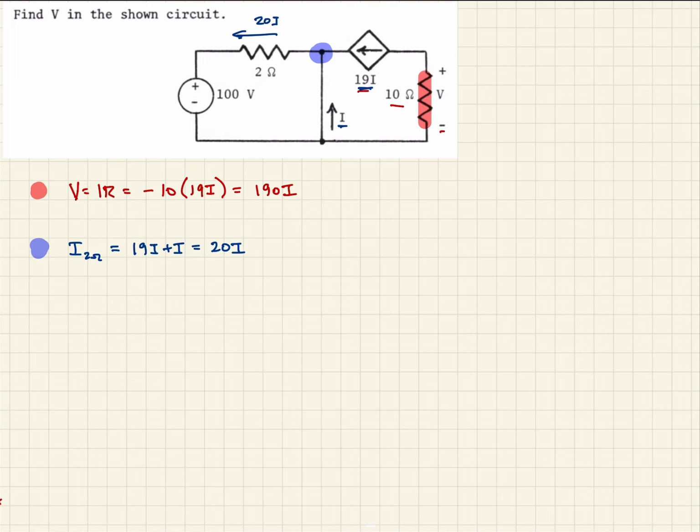So finally, we want to take a look at this voltage loop here. As we go around, we'll go in this direction. We see we have the 100 volts. Then as we come around, this is a short circuit, so the next thing we encounter is our 2 ohm resistor.